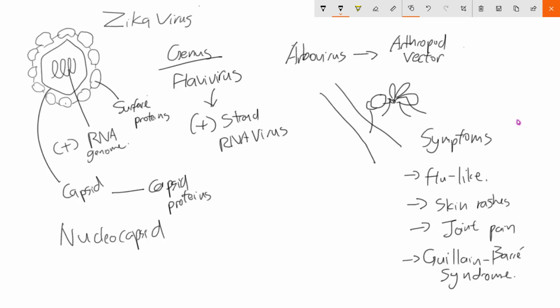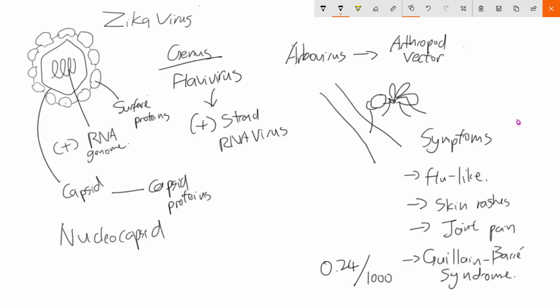Guillain-Barré syndrome is an immune disorder where your immune system attacks the nervous system. This is actually not very common, but it is present in 0.24 per 1,000 cases of Zika infections.